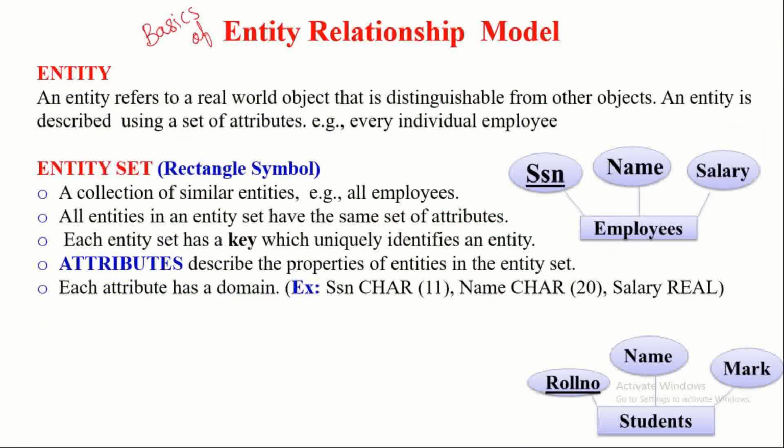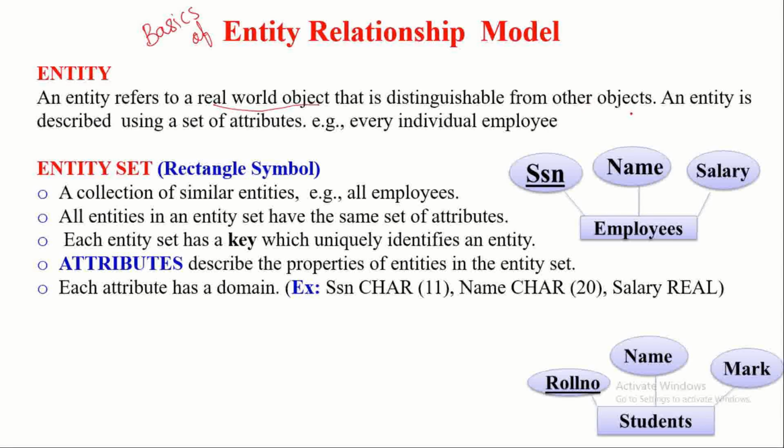Let's now discuss the basics of the ER model. In the entity relationship model, entity sets, their attributes, and relationship sets between the entity sets are the basic components. An entity refers to a real world object that is distinguishable from other objects.